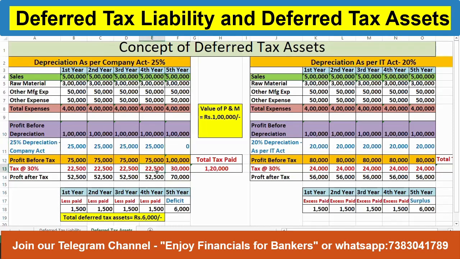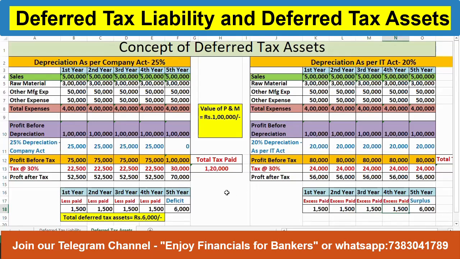But in 20,500, 20,500, 22,500, 22,500, every year the company has, as per Company Act, made less depreciation, 1,500 every year. They are making less provision, whereas they are paying the 24,000. That 1,500 they are paying from the cash.